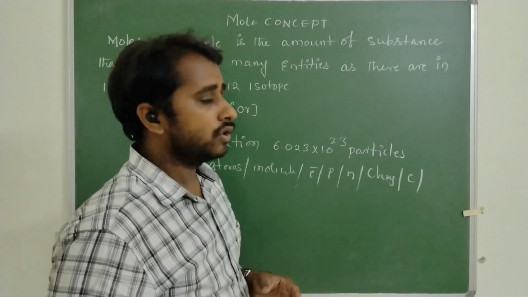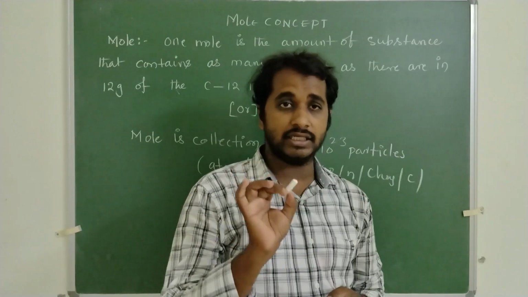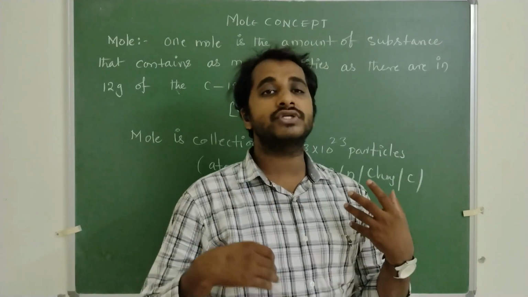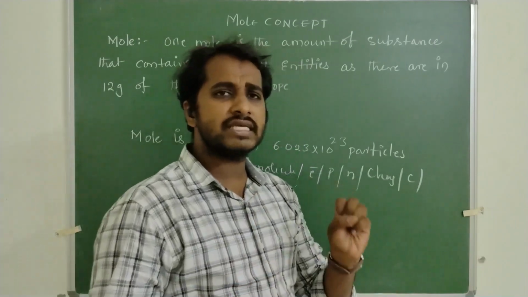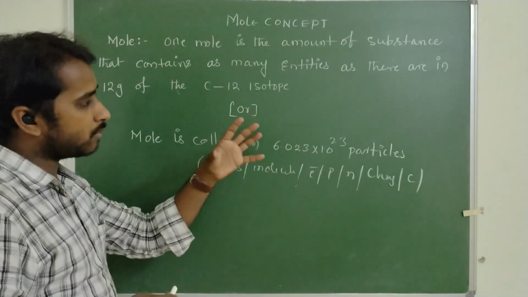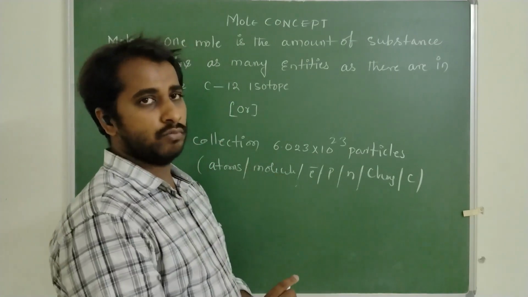Suppose I have 6.023 into 10 power 23 chalk pieces. I could say I have 1 mole of chalk pieces. It is just a number. If you have this many particles, we can consider that as 1 mole.